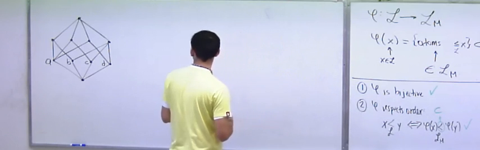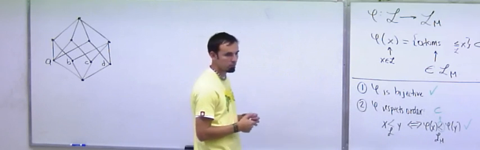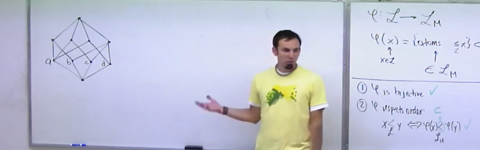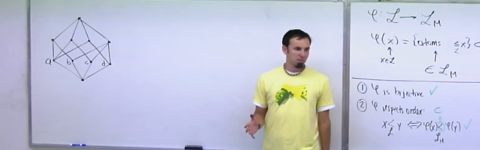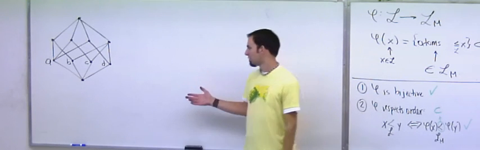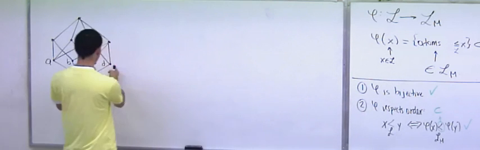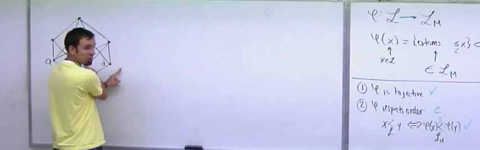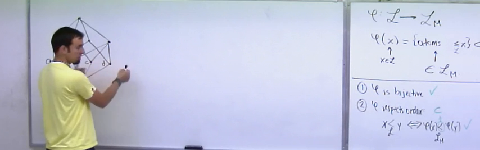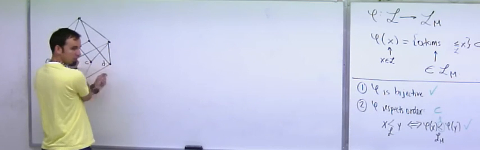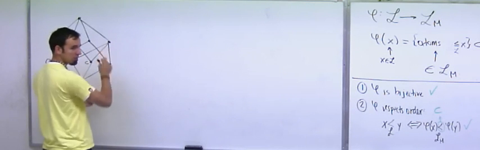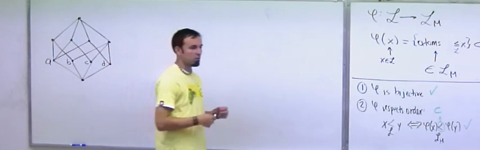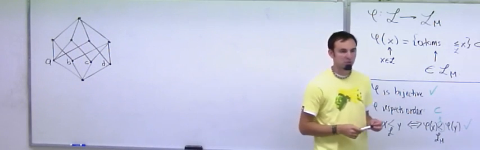How do you know if two lattices are isomorphic? It should be the same picture. Maybe you flip D and C and get a slightly different picture, but by relabeling, you should be able to get exactly the same picture. That's what it means for posets to be isomorphic, or for lattices to be isomorphic.